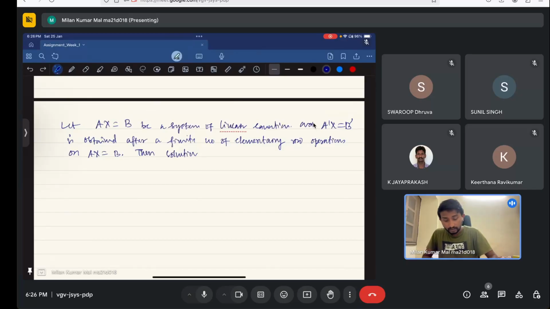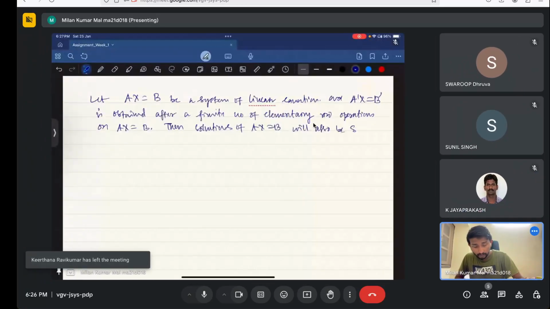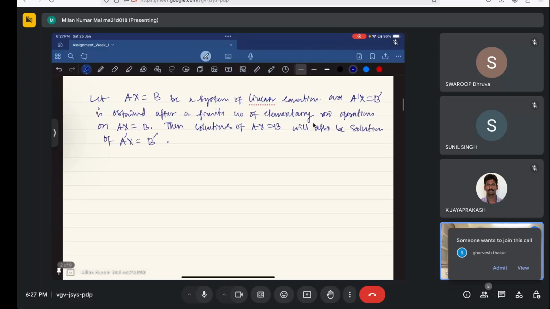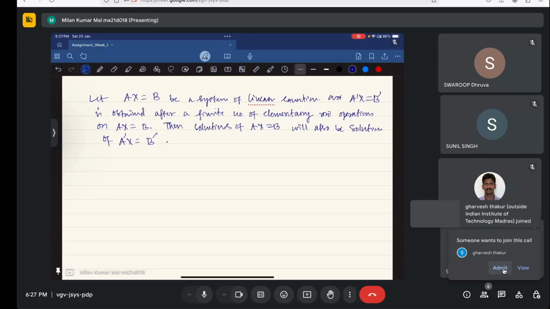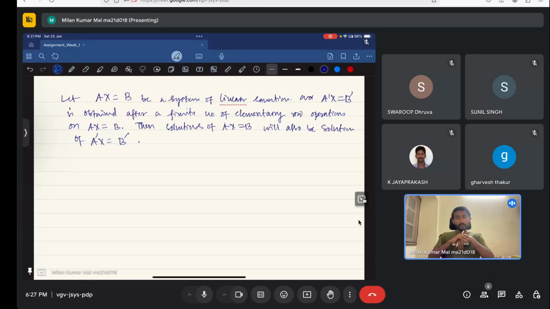Then solutions of Ax = b will also be solutions of A'x = b'. Similarly, if Ax = b is obtained from A'x = b' by elementary row operations, then solutions of A'x = b' will also be solutions of Ax = b.